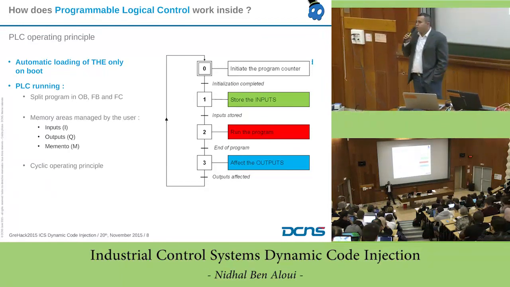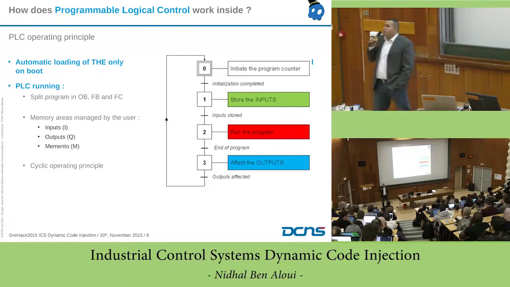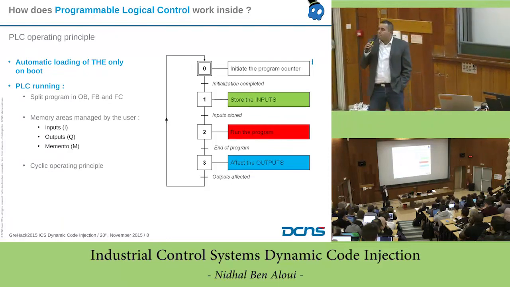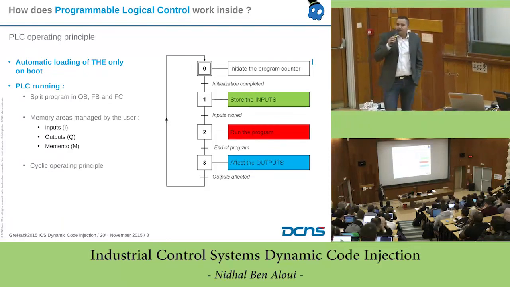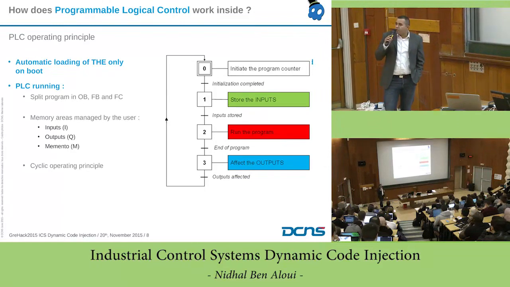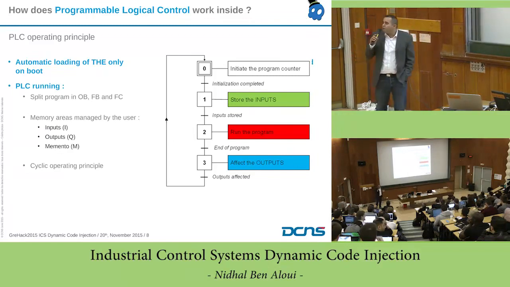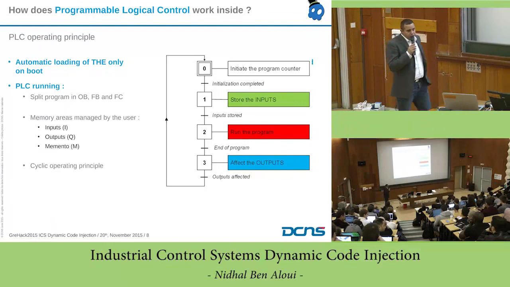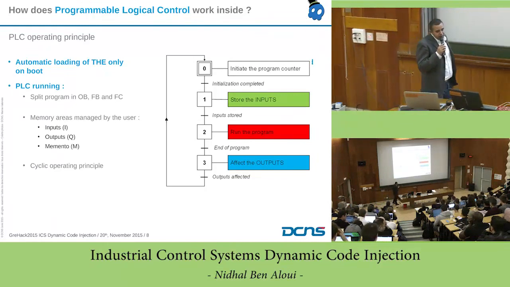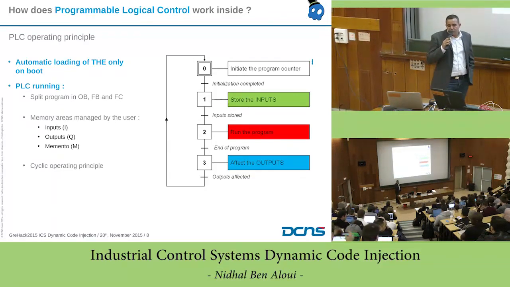For example, if you want to say that the engine is stopped, you declare one memento, and you say, for example, if the byte of the memento is put to 1, the engine is started, and if the value is 0 or false, because it's an analog or Boolean interpretation variable, the engine is stopped.